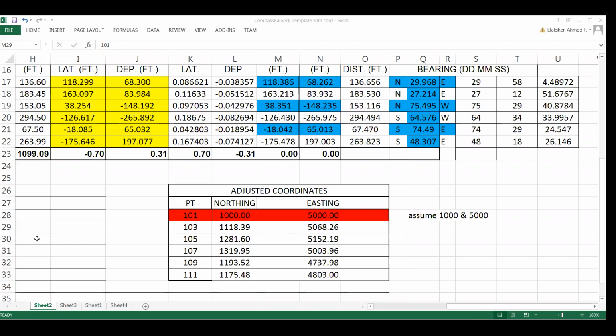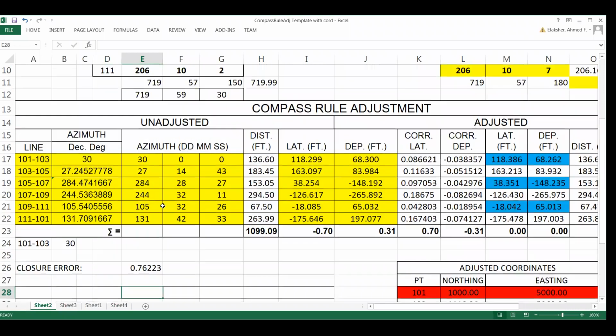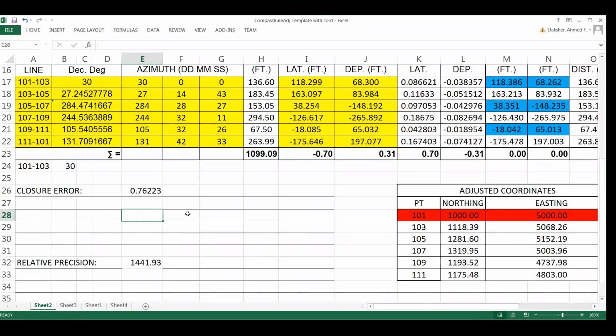The last part here is what we call the relative precision. And with the relative precision, we need to know how precise our traverse is. And to do this, we are going to do two things.